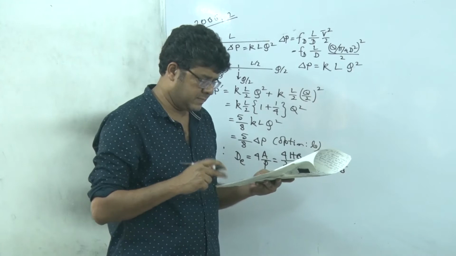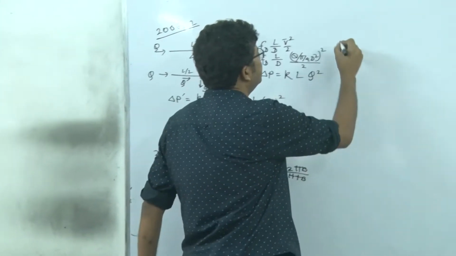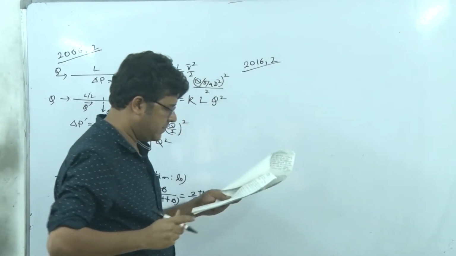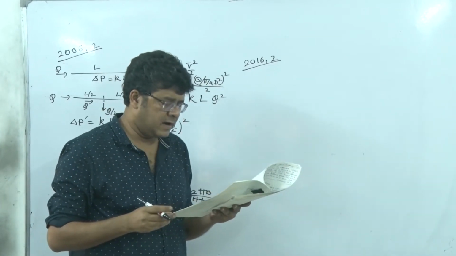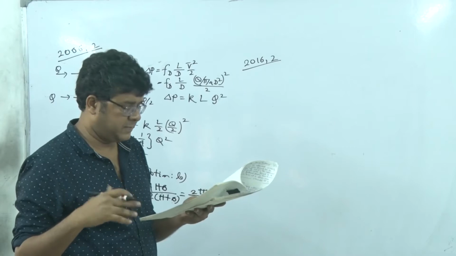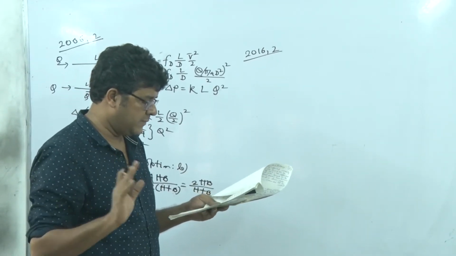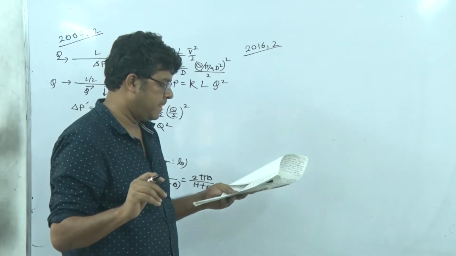Next, this 2016, 2 marks question. What is that? The characteristic curve of a centrifugal pump. Don't get caught up by this centrifugal pump and characteristic curve. We don't have to know the meaning even.